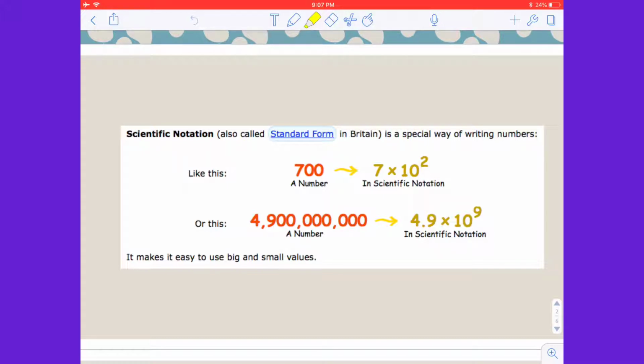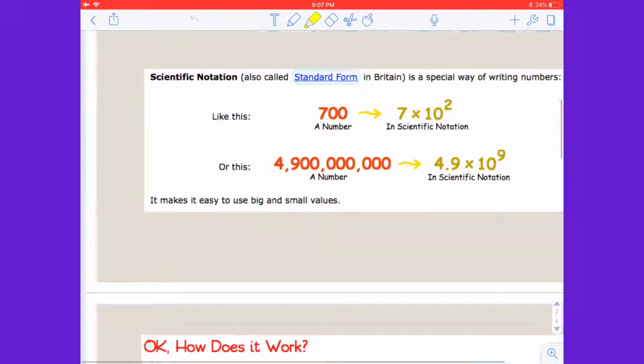Different books will word this differently, but essentially, you're trying to put one number on the left and then the decimal and then the rest of the non-zero numbers on the right-hand side. So generally, it will always be a number, point, and then a number if there is one.